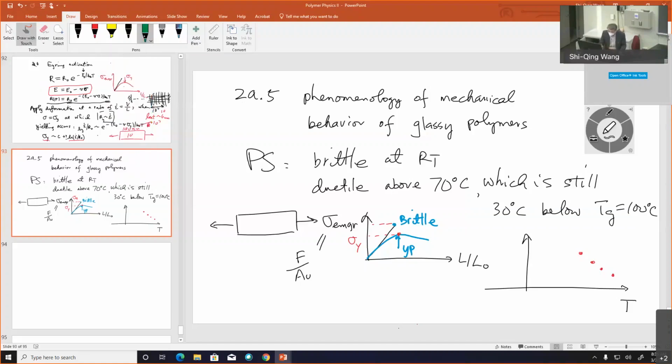So then let's call this point sigma B. Then after some point, you no longer have a ductile behavior. The sample breaks, as indicated by this SS curve, stress-strain relationship.